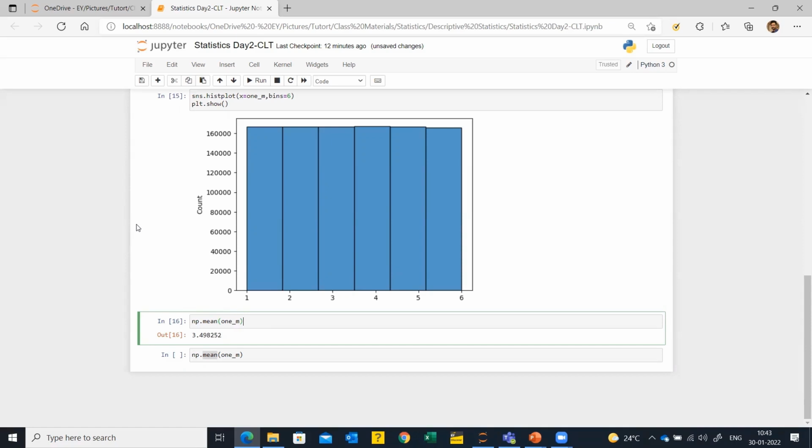If you have a fixed list, like in the previous exercise which we did yesterday, a fixed list of 4 numbers or 5 numbers, that should not be the right way, because every time you do a sampling, you have to make sure that your sample has randomness.